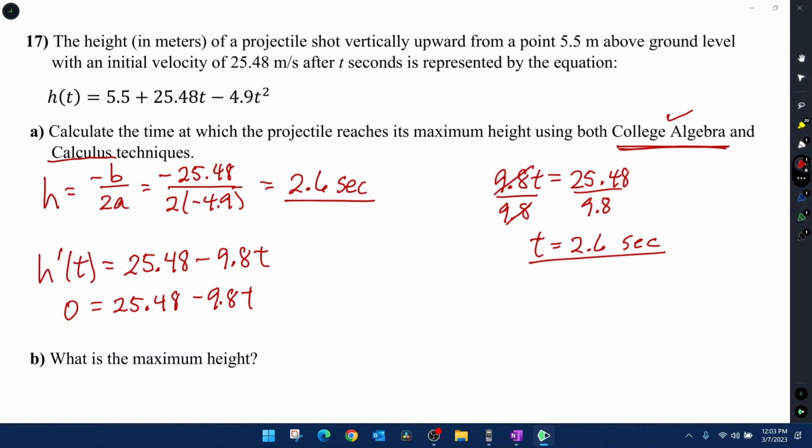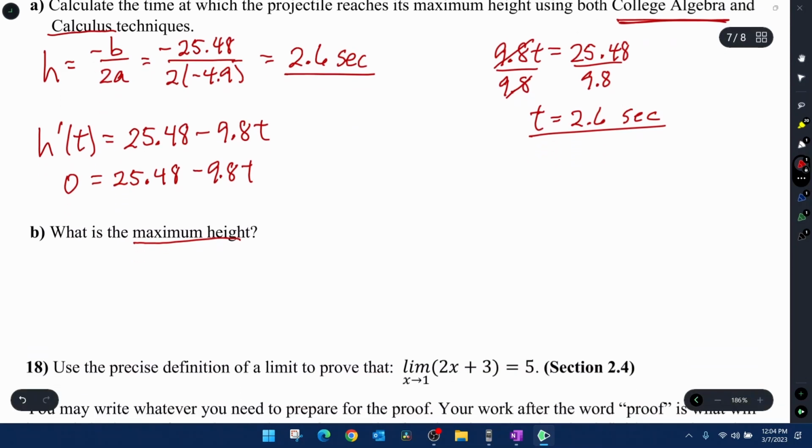And now for part B, how would we figure out what its maximum height is? Not the derivative? The original? Yeah. Okay.